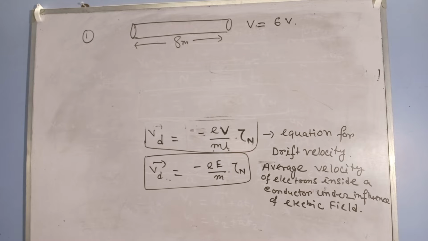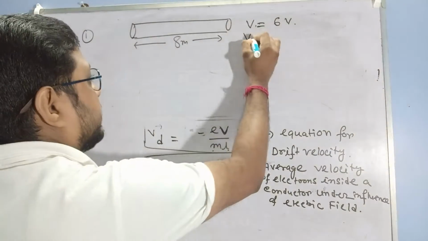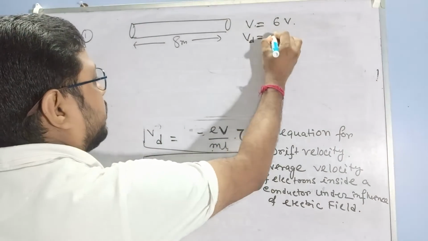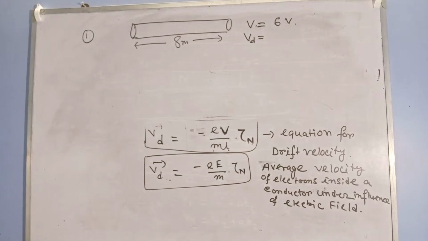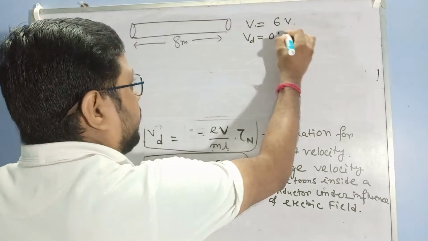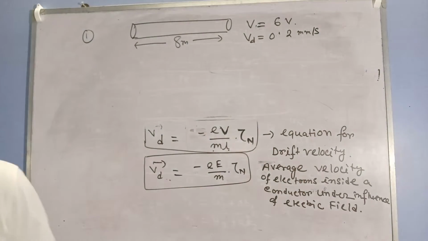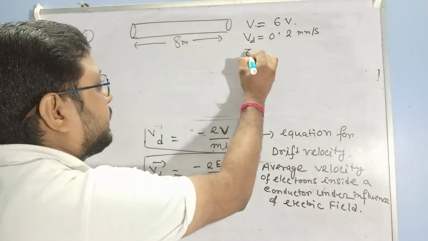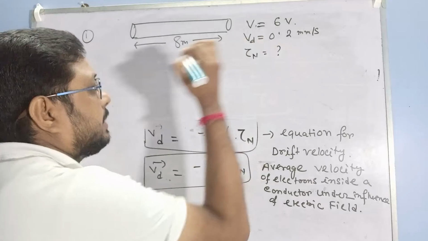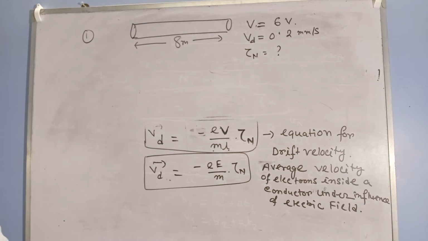If the drift velocity Vd of free electrons is 0.2 millimeter per second, then find the average relaxation time, tau n, of the free electrons.